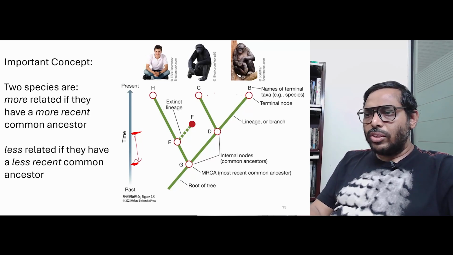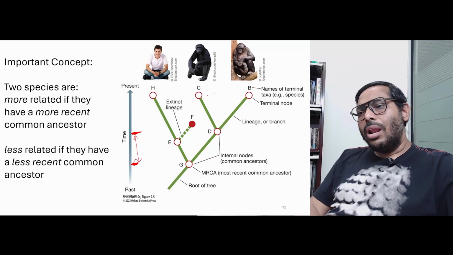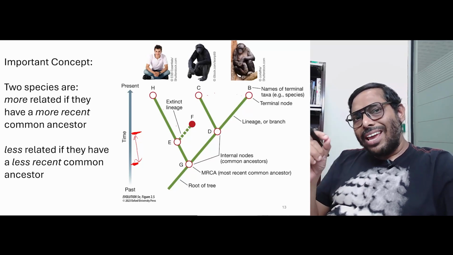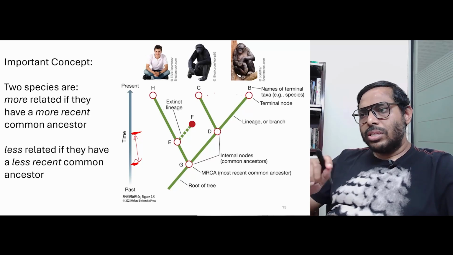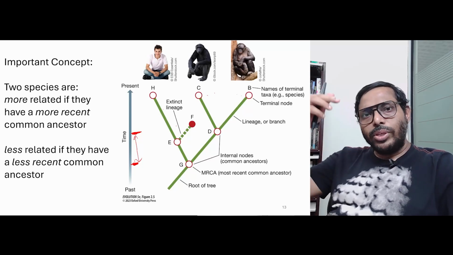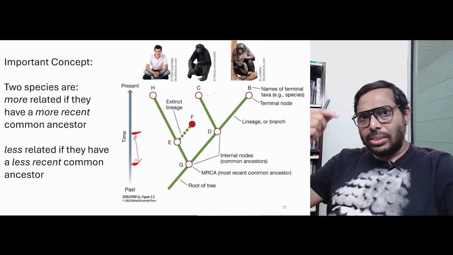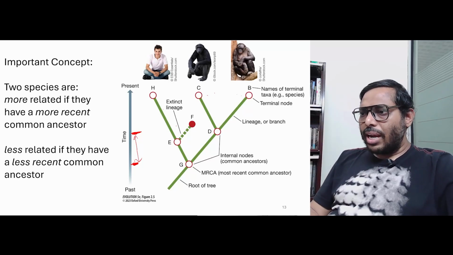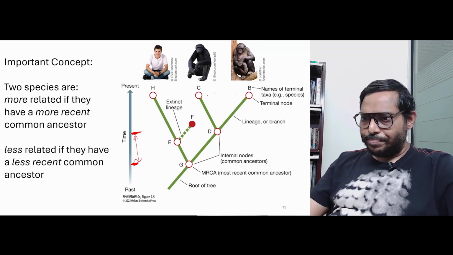There are certain kinds of trees where the length of the branch is calibrated to the amount of time that has passed. In other words, the longer the distance between two nodes, the more time has elapsed between the two nodes, and vice versa. So, this is not that kind of tree. This is a much simpler tree where we are just showing the relationship and nothing else.